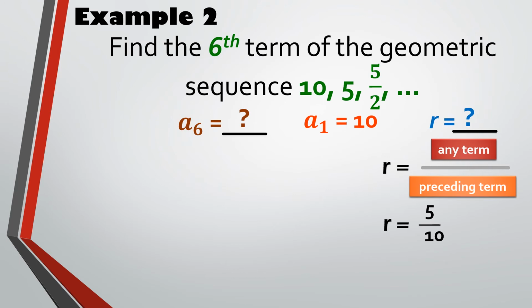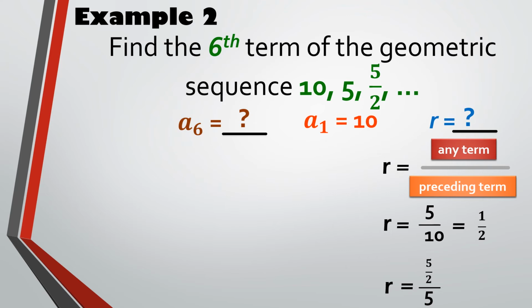You can use your calculator if you find it difficult to compute. That is equal to 1/2. Another ratio that we need to solve to check if they are common is 5/2 divided by 5.